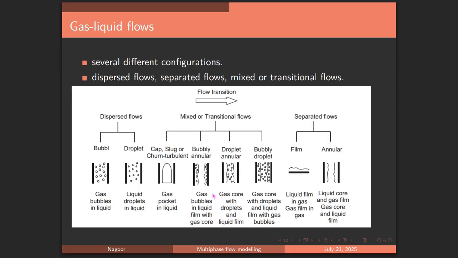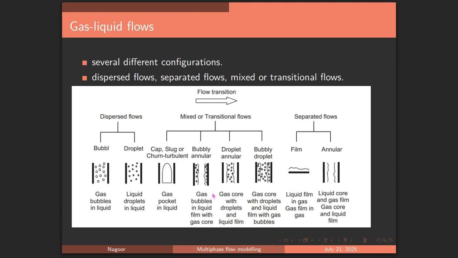Here, there is a very interesting flow phenomenon that happens in gas-liquid flows. There are many different configurations, unlike gas-solid or liquid-solid flows. Here, there are mainly three different kinds of configurations.